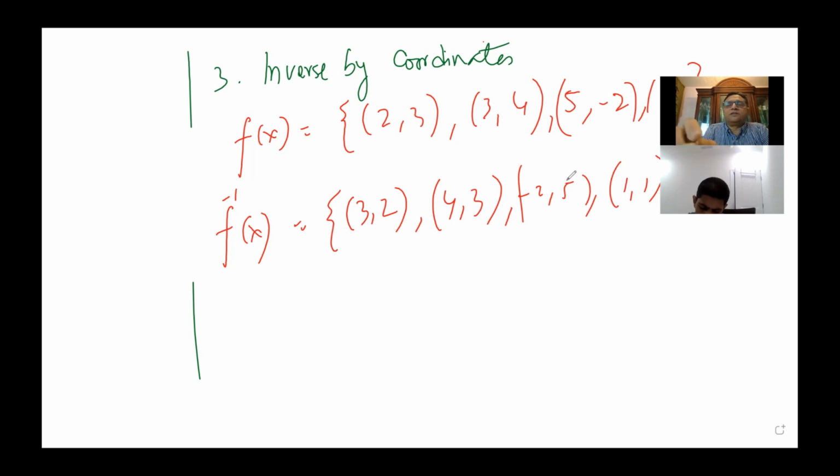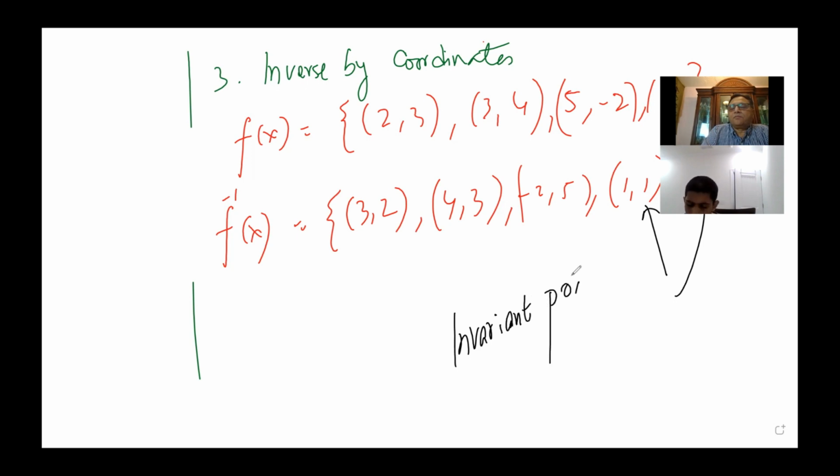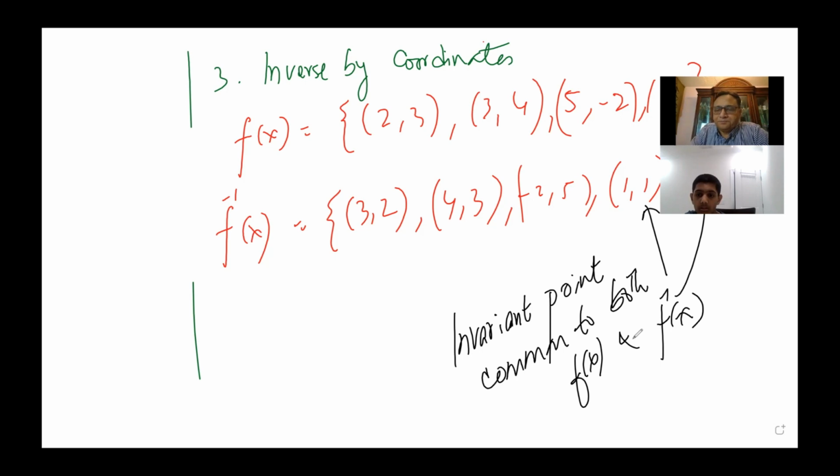Now, what you notice here is one point is common in both, right? Yeah. We call this an invariant point, since it is common to both function and inverse of the function. Is that clear to you?